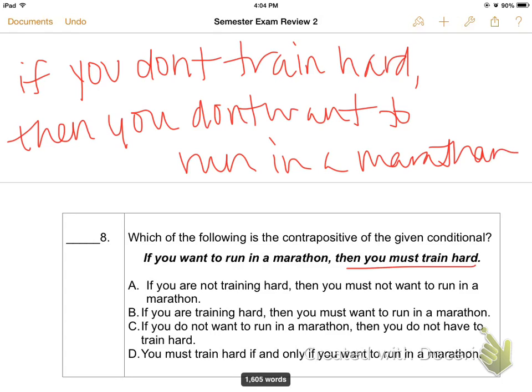So is there any sentence that kind of looks like that one? If you are not training hard, then you must not want to run a marathon. Okay, so A is pretty much the closest one to that. The wording might be a little off, but it's okay. So 8 is going to be A.